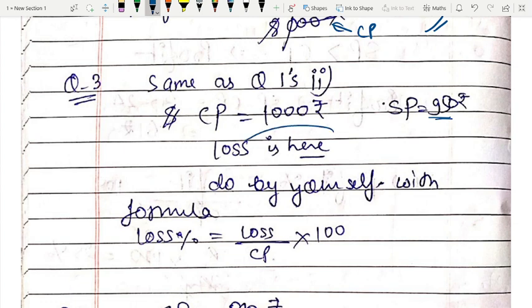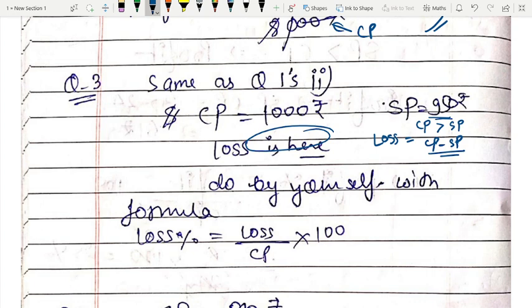Here there is a loss. So we can find out the loss here. How can we find it? Loss occurs when the cost price is higher than the selling price. So loss will be cost price minus selling price.